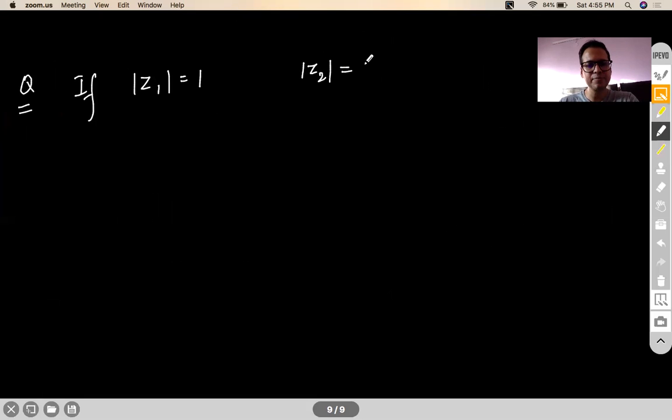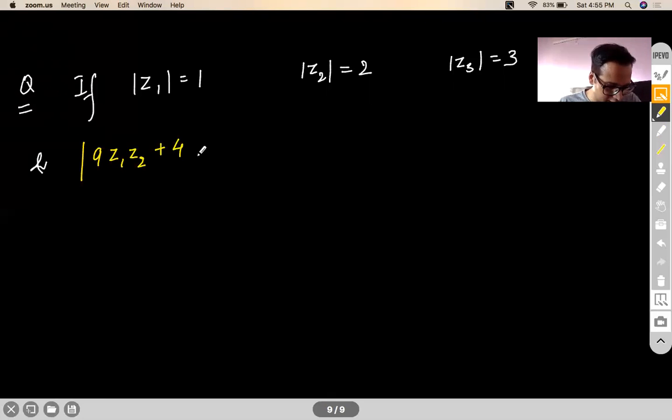All right, so next question. If there are three complex numbers Z1, Z2, Z3, which satisfy the following property: mod Z1 is 1, mod Z2 is 2, mod Z3 is 3, and mod of 9 Z1 Z2 plus 4 Z1 Z3 plus Z2 Z3 is equal to 6.